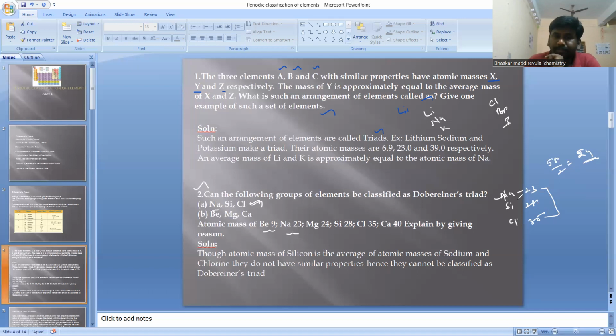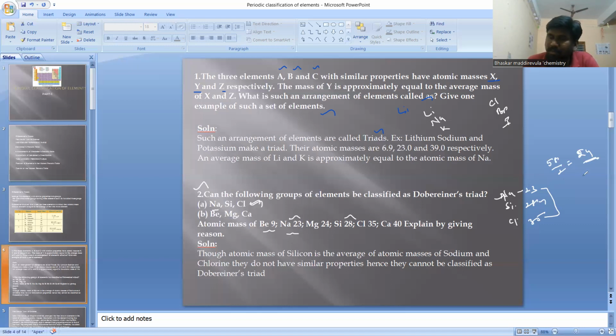Now see, the given atomic mass of sodium is 23, silicon is 28, and chlorine is 35. The average is also not equal.